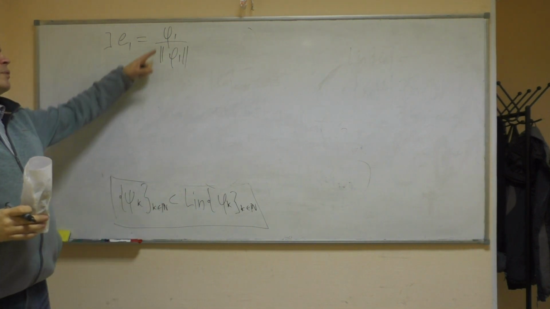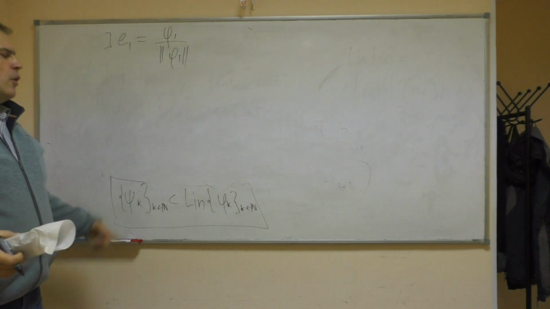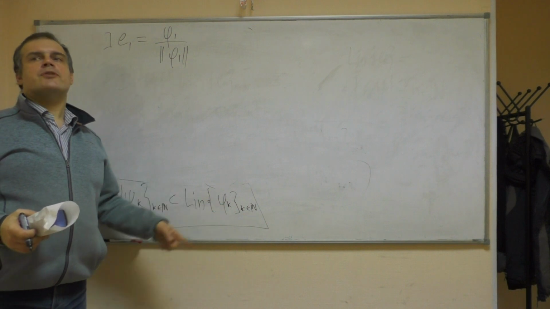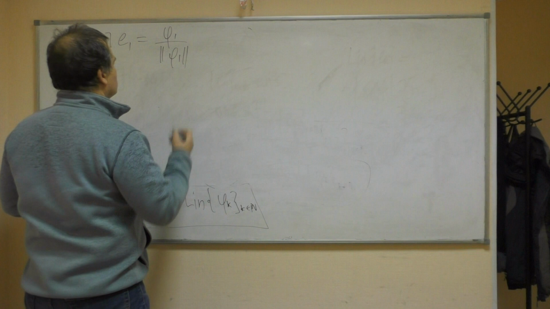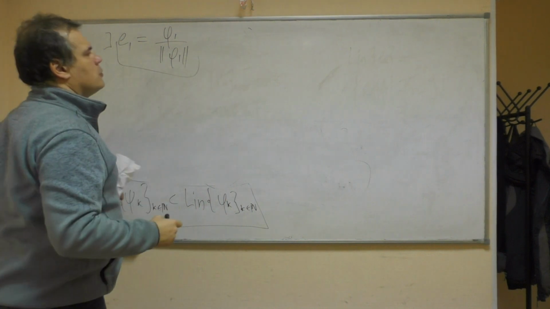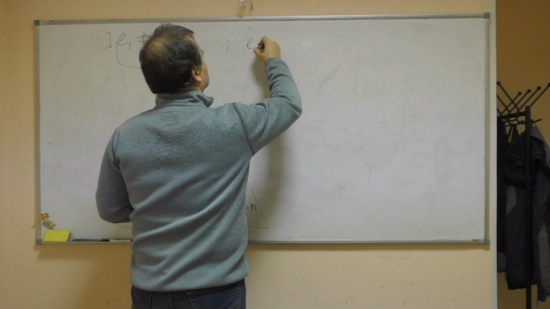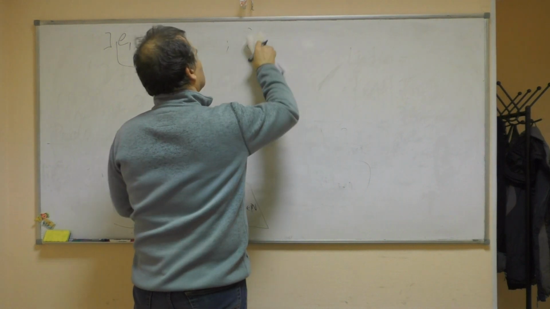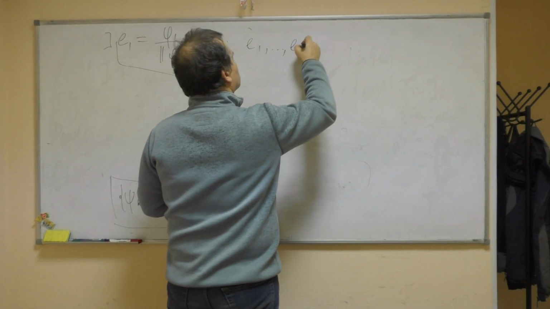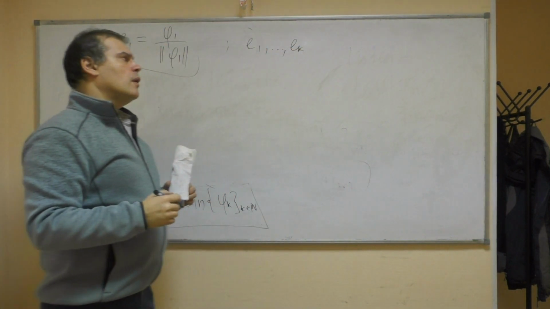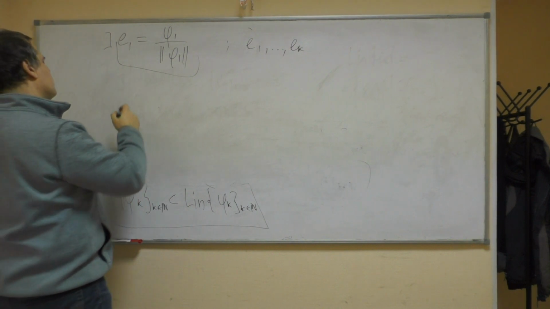As we remember, it's non-zero, and actually all elements of system phi are non-zero. So we have chosen the first element, and let us assume that we have already chosen k elements, and let's choose e k plus 1.